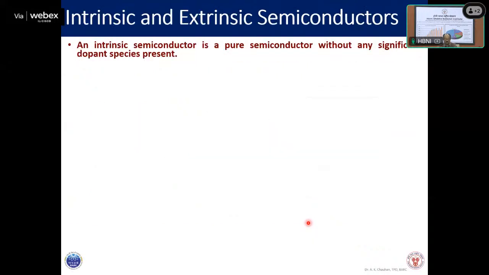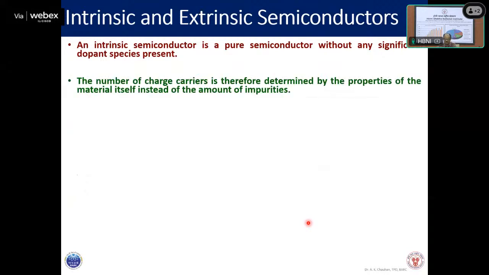Now we try to understand what intrinsic and extrinsic semiconductors are. An intrinsic semiconductor is a pure semiconductor without any significant dopant species present. So if we take pure silicon crystallized in a perfect diamond structure, this is called an intrinsic semiconductor.